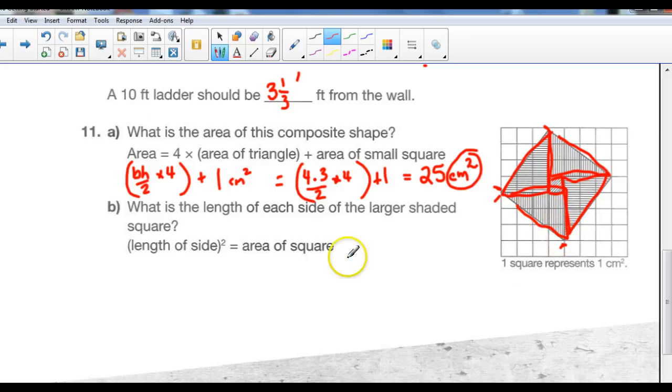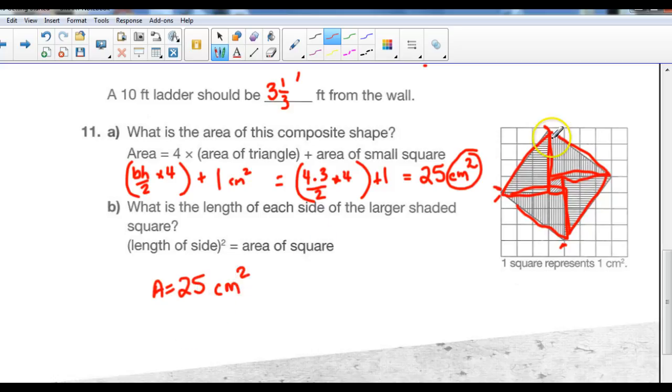Well, basically what we do is we have to take the length of the side squared is equal to the area of the square. So the key is that it tells us that it's a square, which means that this side is the same as this side, is the same as this side, and the same as this side. So the whole area, because it's a square, is 25. Okay, so the area is equal to 25 centimeters squared.